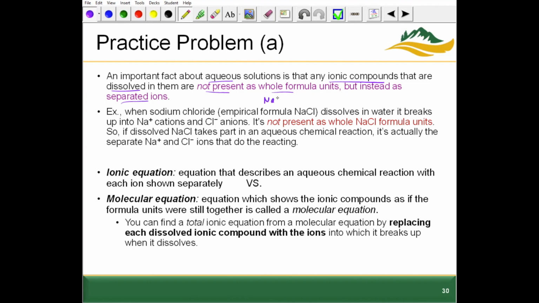Remember, we won't see NaCl present in its whole formula unit. Instead, we'll see Na+ ions separated out from Cl- ions. So that's this example here. We're not going to see NaCl formula unit present. Instead, we'll see it as the Cl- anions and the Na+ cations.